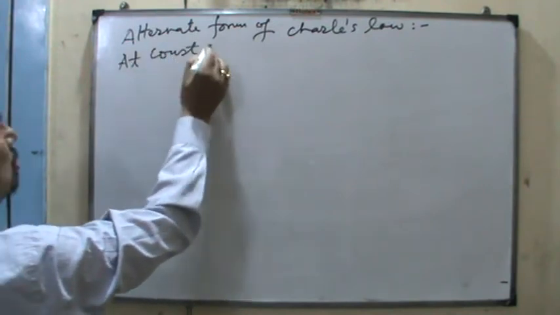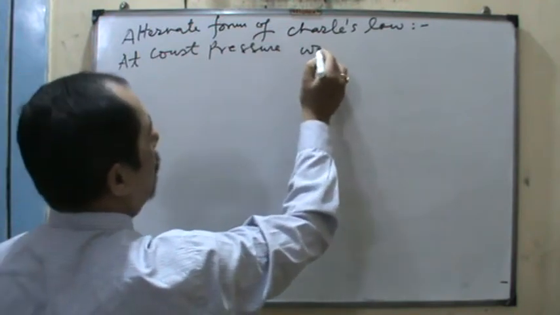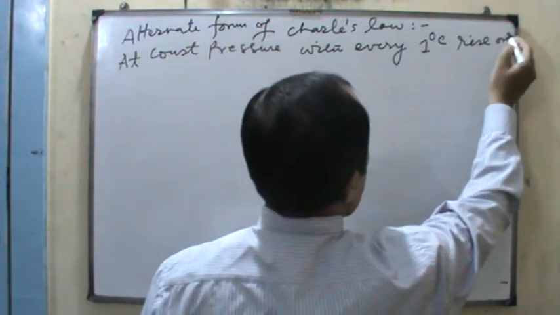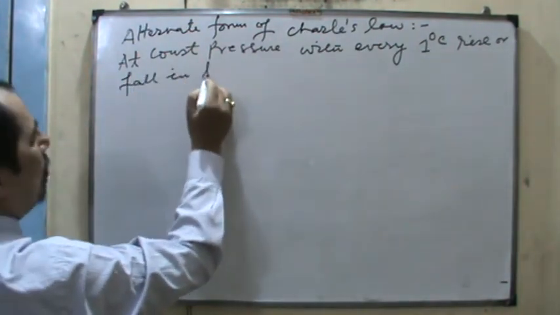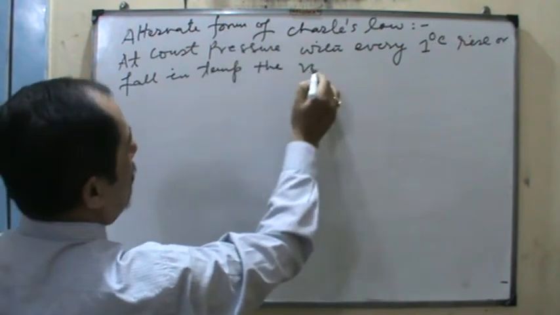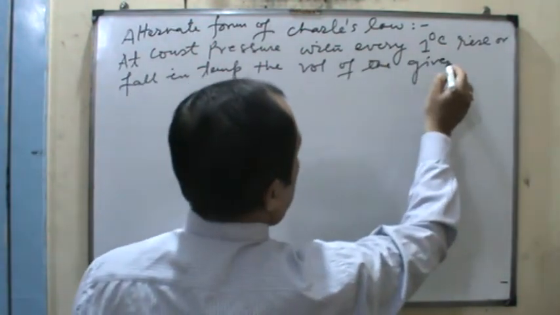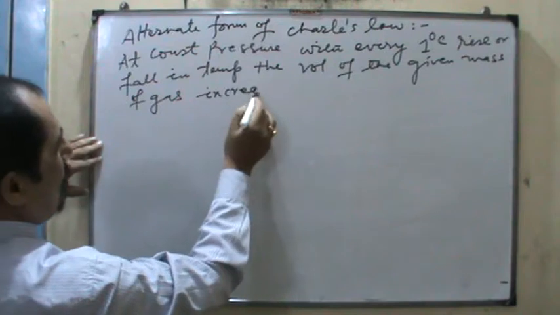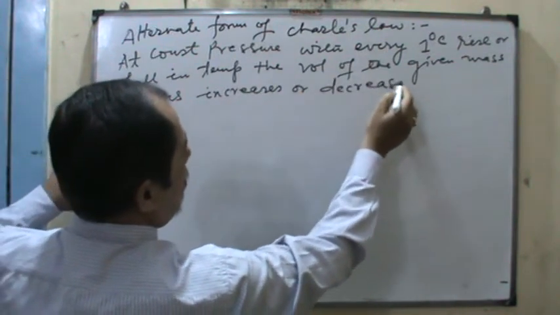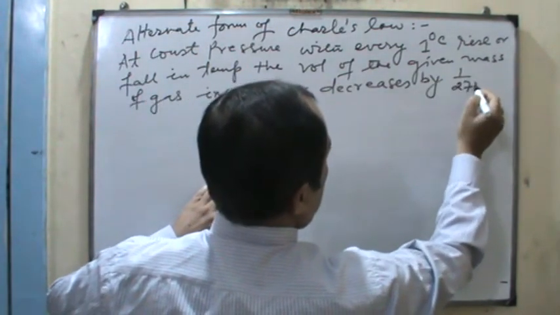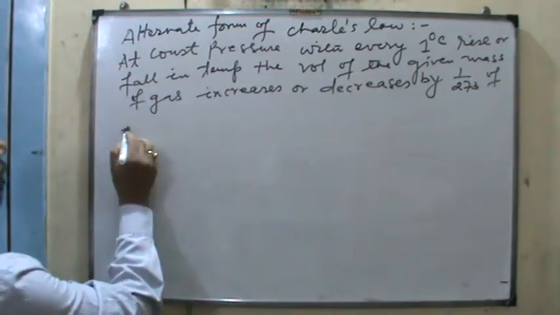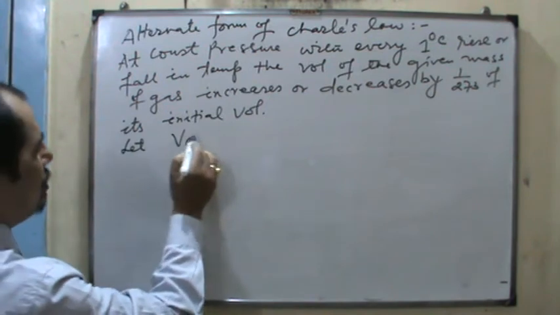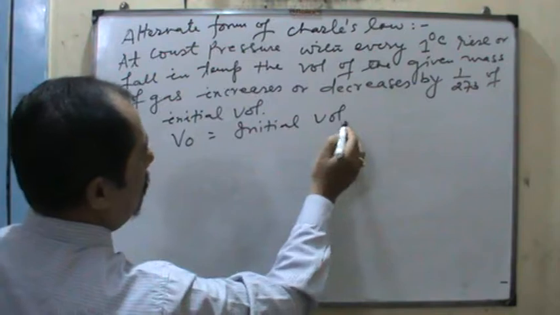At constant pressure, with every 1 degree Celsius rise or fall in temperature, the volume of the given mass of gas increases or decreases by 1 upon 273 of its initial volume. Let V0 be taken as the initial volume.